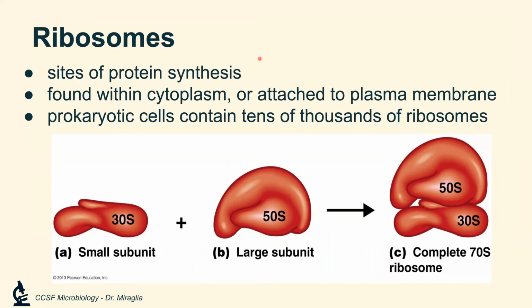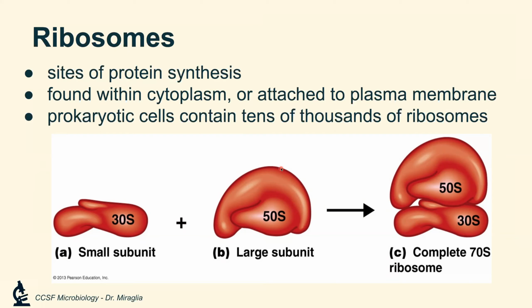And just quickly to contrast that with your cells, you have ribosomes in the cytoplasm of your cells or attached to the rough endoplasmic reticulum, which is a membrane that's part of the endomembrane system of eukaryotic cells. Prokaryotic cells, these are small. Prokaryotic cells contain tens of thousands of ribosomes. So there's a lot of ribosomes in a prokaryotic cell.